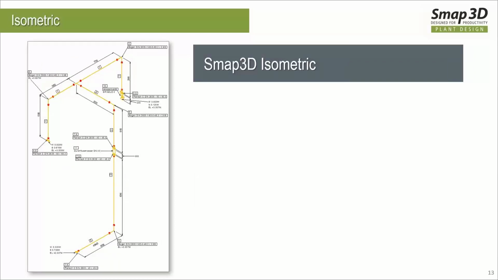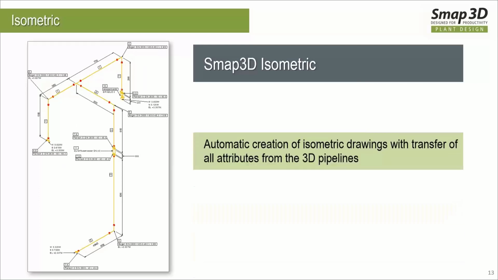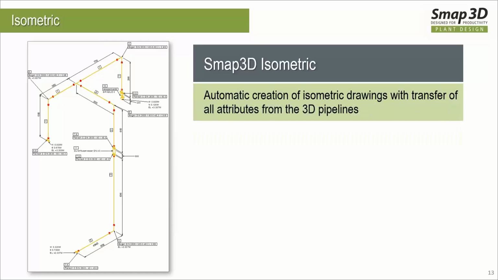Now there's an option for an output or a drawing option, if you wish, which is the Smap3D Isometric. This is an automated tool to go in and create these single line isometrics. A lot of times people call them isogen drawings.